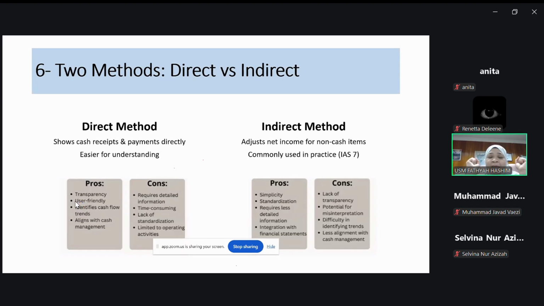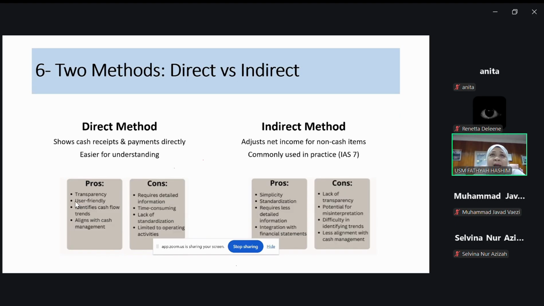Okay, but there are pros and cons for each of the methods. If you are using the direct method to prepare your cash flow statement, you'll be more transparent because we know directly where the cash is received and where the cash goes to, and it is more user friendly.